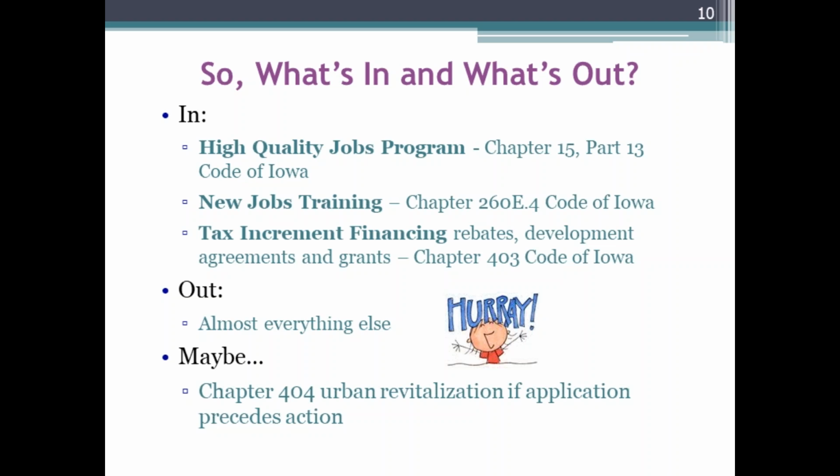Out is almost everything else. Possibly in, it depends on the city's policy that establishes the Chapter 404 urban revitalization. If the application in that case precedes the action, then those could potentially be in. But the one that you should be concerned with is the tax increment financing arrangement.